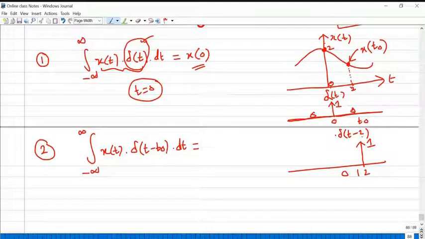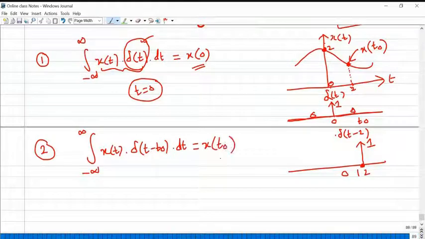Let us assume t naught is 2. Then the impulse signal sketch is like this. Now if you multiply this x of t with del of t minus 2, your result is valid at exactly t equal to 2 only. So 1 multiplied with the magnitude at t equal to 2, you can write it as x of t naught. A shifted version of the impulse signal multiplied with any signal x of t, and even if you do the integration, the result would be equal to x of t naught. At t naught, whatever magnitude is present, that is your result.